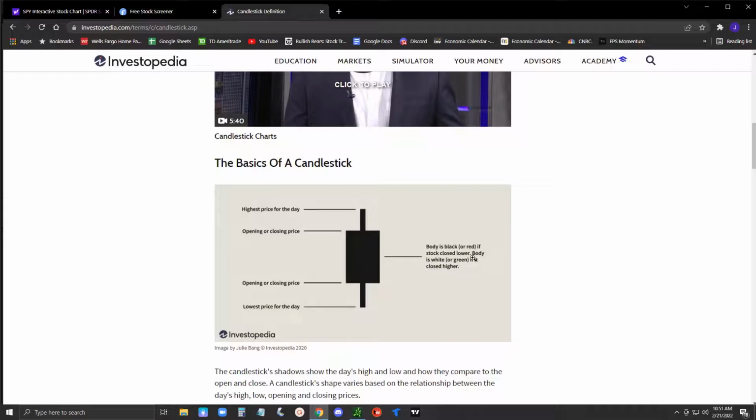If the body is black or red, it means that the stock closed lower than where it opened. The body being this portion here, if you can see that. The wicks are the highest price that this candle achieved, or the lowest price that the candle achieved.